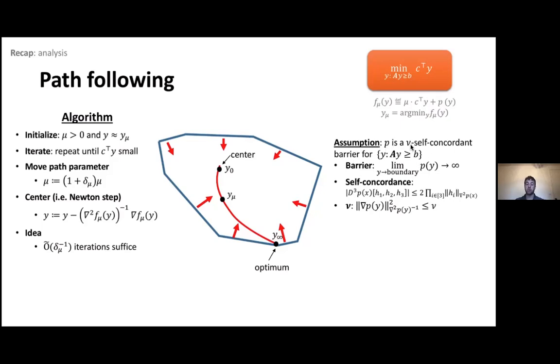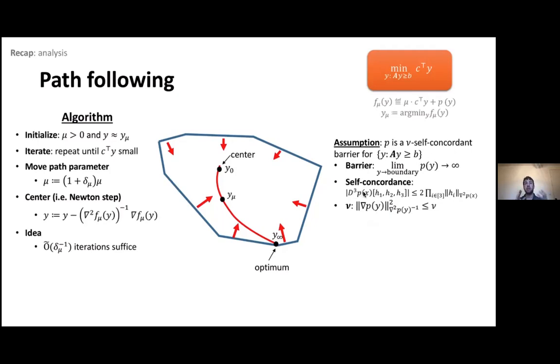And where this value of nu came from was assuming that the barrier was not too large and that the norm of the gradient in the Hessian inverse norm was not more than square root of nu for any point inside the polytope. The way I maybe think of these assumptions is we wanted P to be a barrier so that all the intuition of the methods we described makes sense.